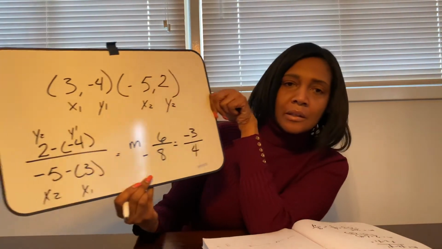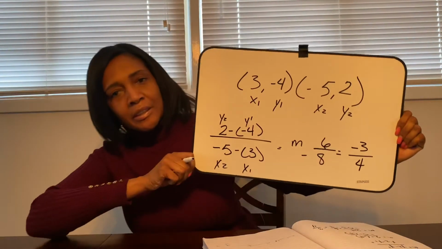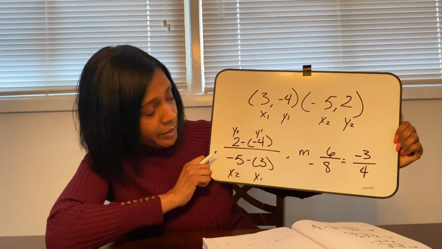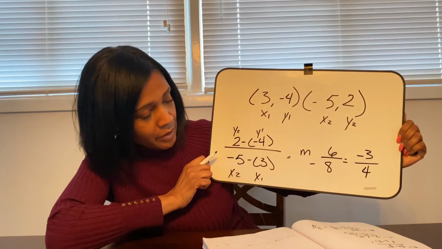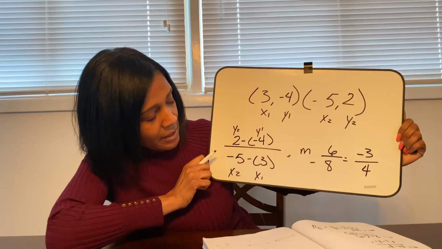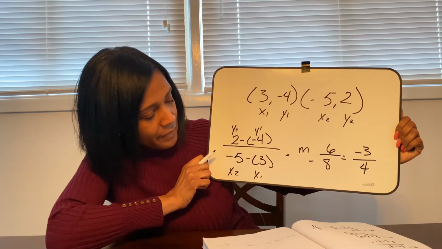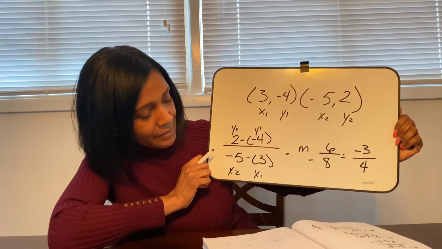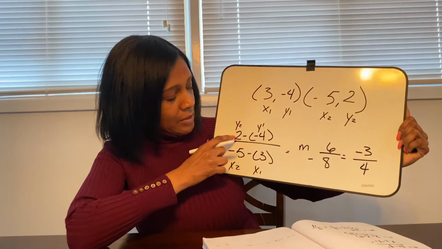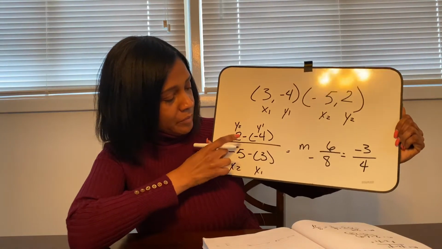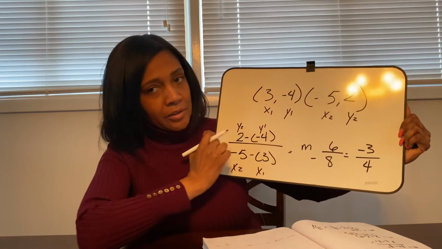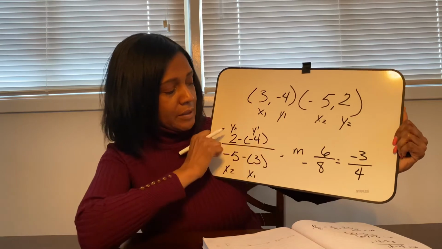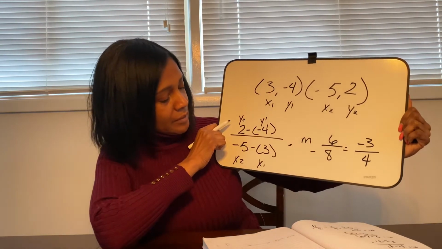Now, the +2 minus the -4 is going to give us a +6. And the -5 minus the 3 is going to give us a -8. So the +2 and the -4, we actually are going to add them. +2 minus -4 is going to give us a 6.